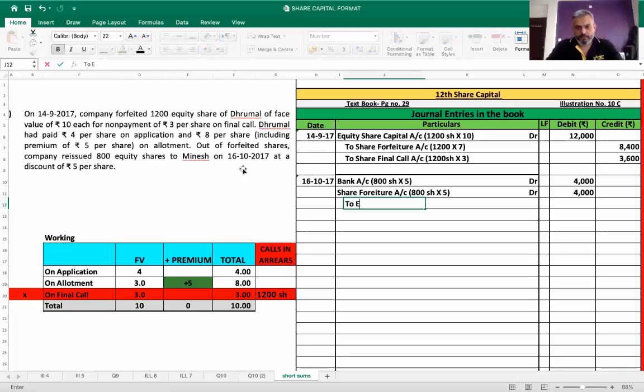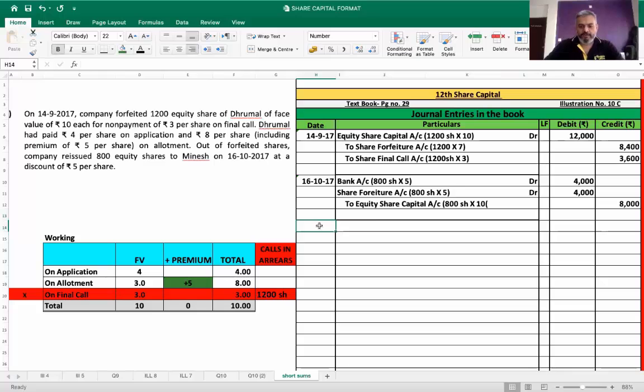to equity share capital account. 800 shares into 10, 8,000. Close this.